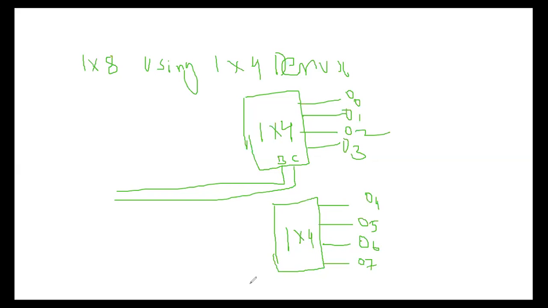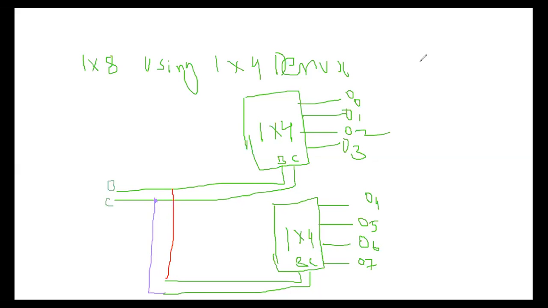Okay, and it also has 2 selection lines, one is B, another one is C. So B is connected here, and C is connected here. Okay, C is this one. So what is the other input? That is the B value, and this one is C.